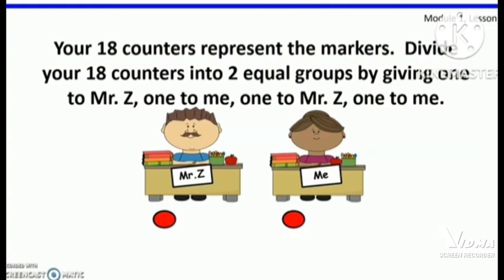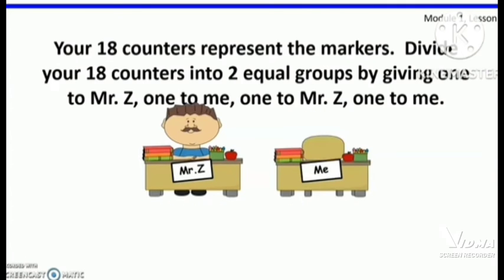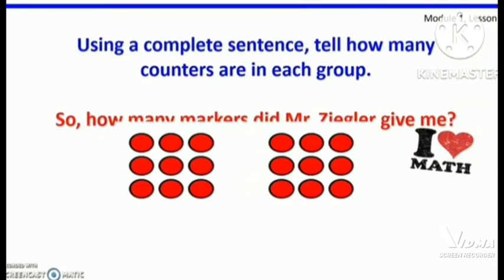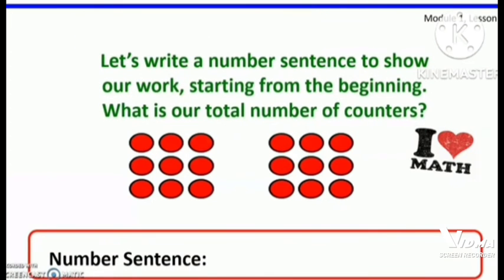I'm repeating it again so that you see how we shared it. We shared it 9 for Mr. Z, 9 for me. Just say it again. 9 for Mr. Z, 9 for me. Now, using a complete sentence, tell how many counters are in each group. 18 divided by 2 equals 9. That's the sentence.